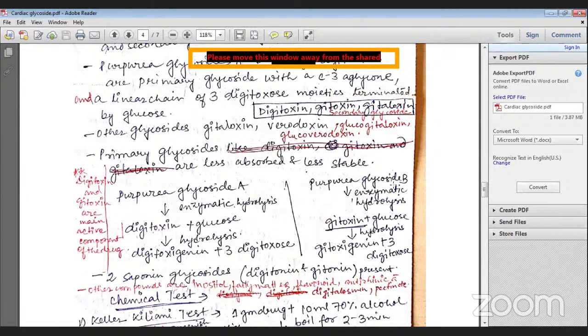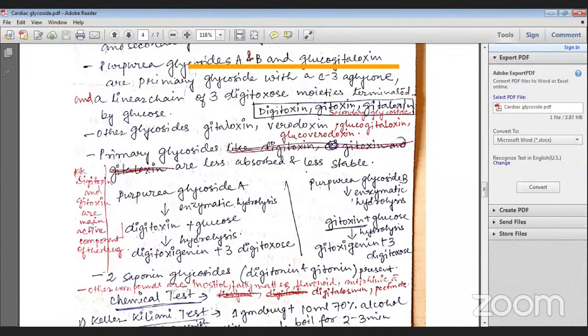Similarly, purpurea glycoside B yields digitoxigenin, the aglycon part, and three digitoxose molecules, the sugar part. So in the primary glycoside, there will be 3 molecules of sugar part and 1 molecule of aglycon part.